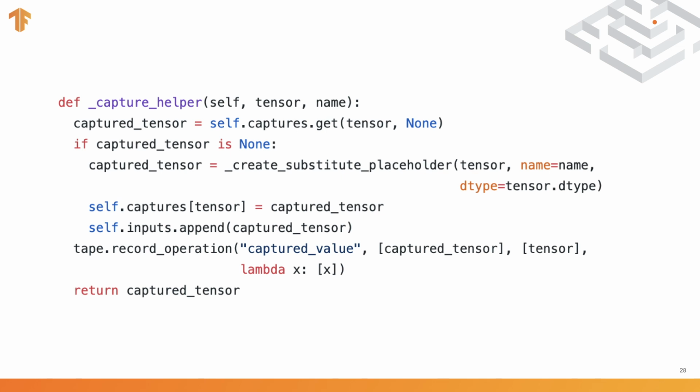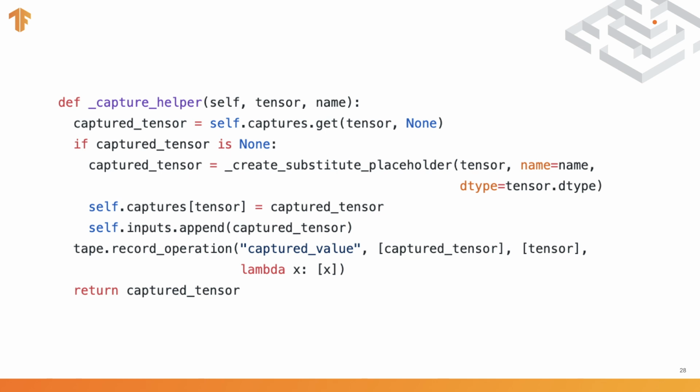The way this is set up, capturing a value is something that is visible to the gradient code. So you can differentiate a function with respect to its implicit variable captures. There are a lot of subtle issues there to get right, but the general idea is that we create placeholders of the proper shape and type, and at function call time, we pass the original argument as the placeholder.